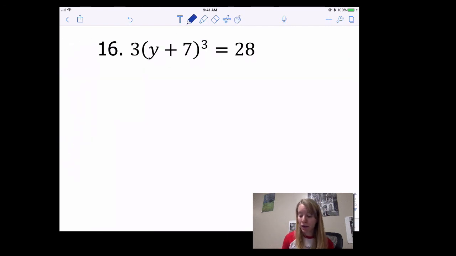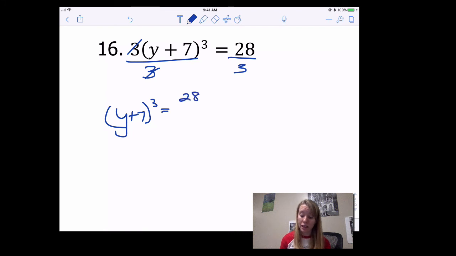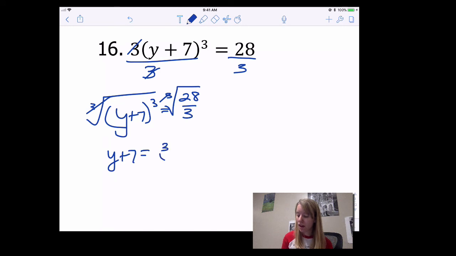Number 16, if I'm doing PEMDAS backwards, there's nothing to add, subtract, so I divide by 3. I get y plus 7 cubed is 28 over 3. And then I take a cube root. I get y plus 7 is the cube root of 28 over 3.